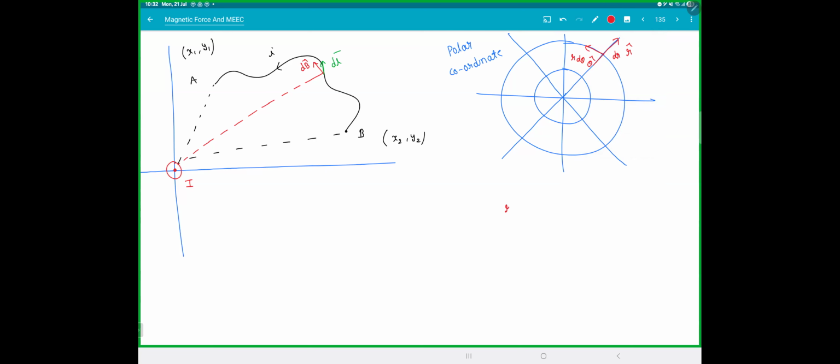So you can write a vector dr bar or dl bar as dr r cap plus a tangential length r d theta, theta cap. A radial vector and a tangential vector. There, we divided the vector into two components.